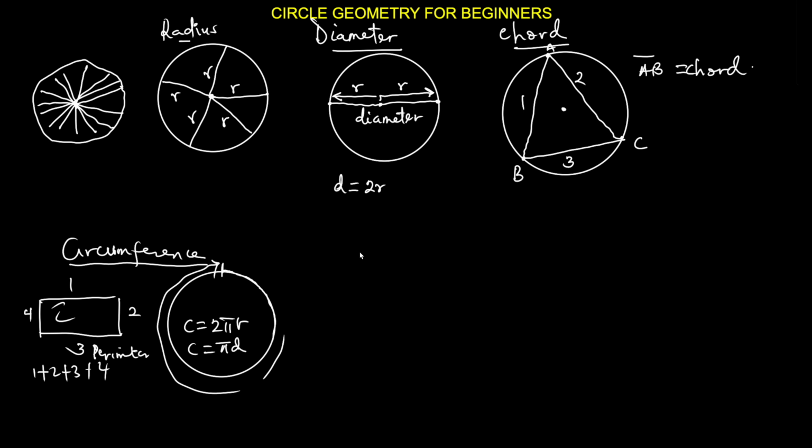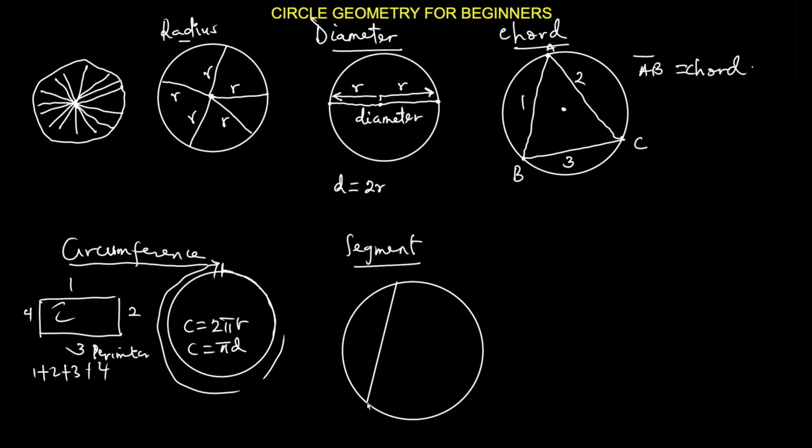Next thing I'm going to define is the segment of a circle. The segment of a circle is obtained when you have a chord cutting a portion of a circle. So right here we have a chord, okay, and let's call this A and let's call this B. So this line has divided the circle into 2 portions.